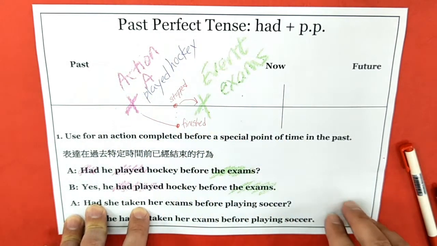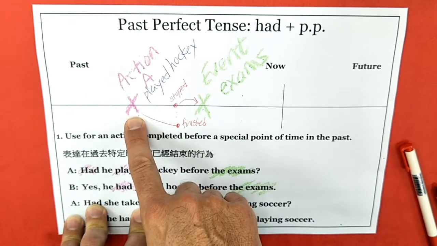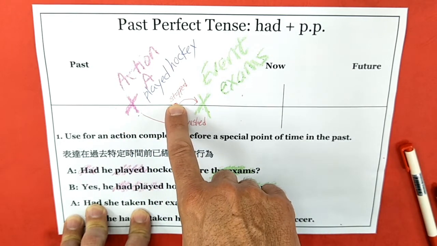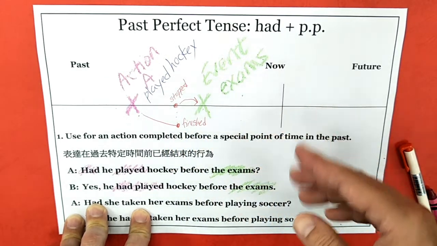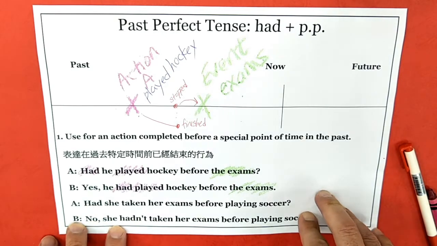Again, we are looking at two events. One action started in the past, it finished, it stopped, it's over, and that stopped before an event. For example, the exams.